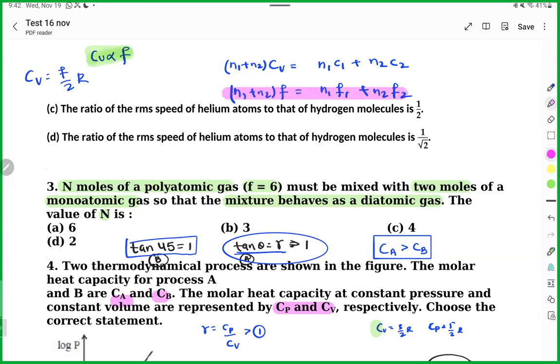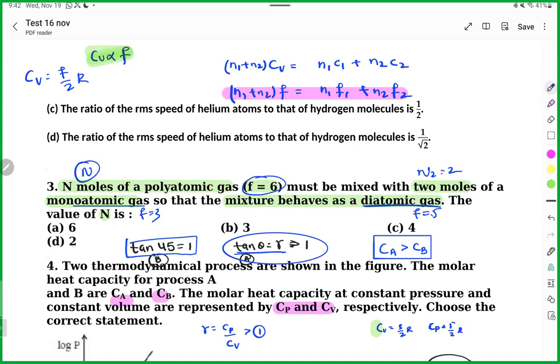Yes, sir. So, for polyatomic gas, you have to calculate N value. Degree of freedom given. N2 value 2. Monoatomic gas, degree of freedom 3. Mixture diatomic gas, degree of freedom 5. So you have all the values. You have all three F. Total F 5.